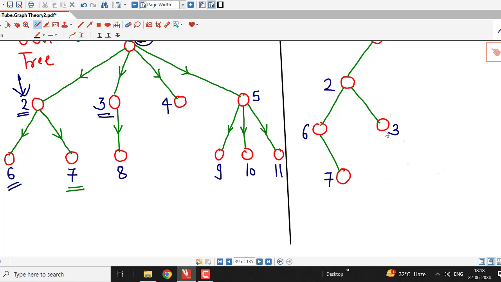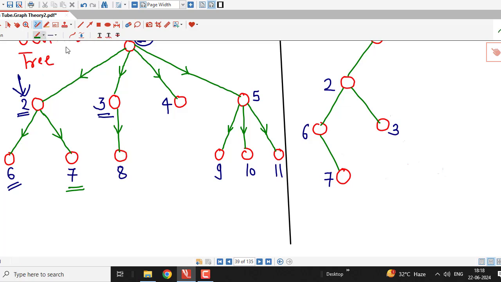Left child of 3 is equal to leftmost child of 3 in general tree, and here 3 has only one child. So if vertex has only one child, we will consider it as leftmost child.